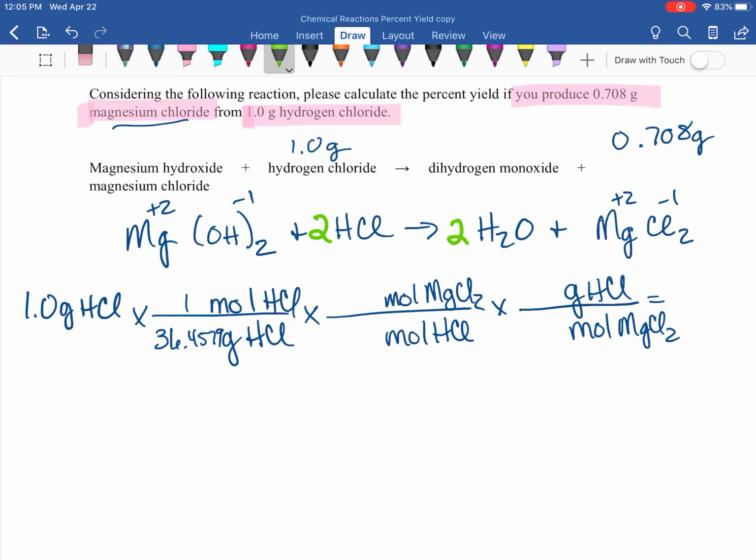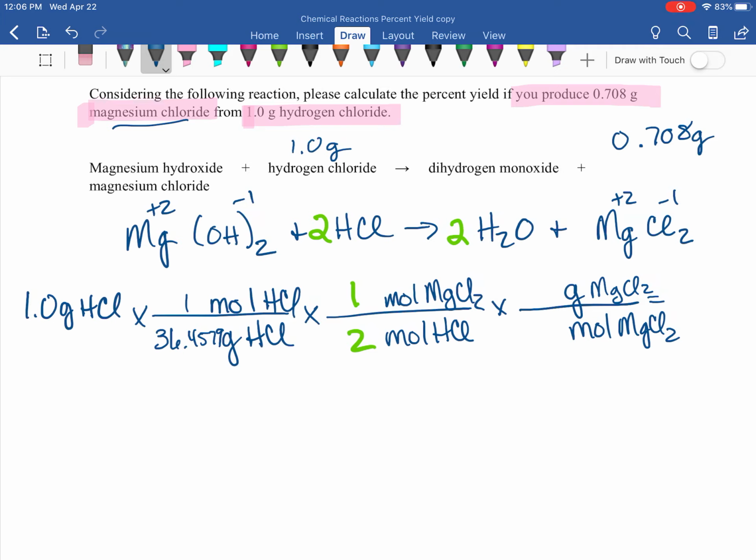And then our magnesium chloride, we balance that as 1. Oh, wrong spot. Okay. Magnesium chloride is 1, but our HCl is 2. And then let's do our grams of our HCl. That's just not at all what we need, is it? Don't we need magnesium chloride there?